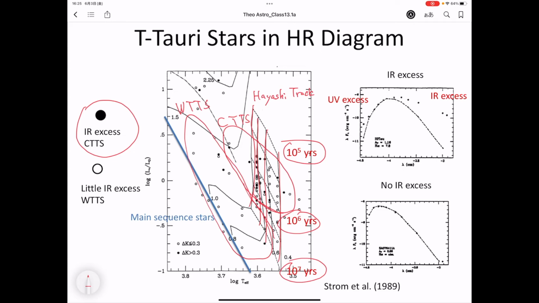Then after the WTTS, the star evolves into the main sequence stars shown on the blue lines. Also, I show the spectral energy distribution for the CTTS. You can easily recognize the large IR excess for the CTTS. There is almost no IR excess for the main sequence stars.